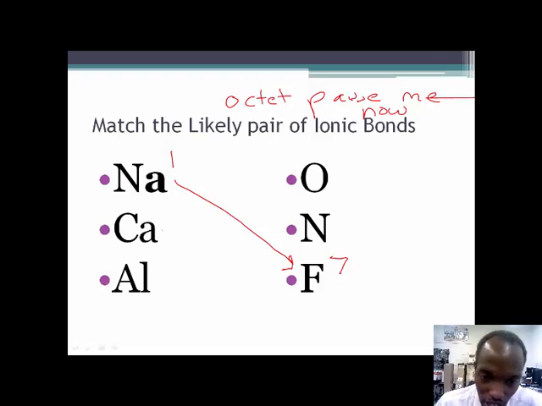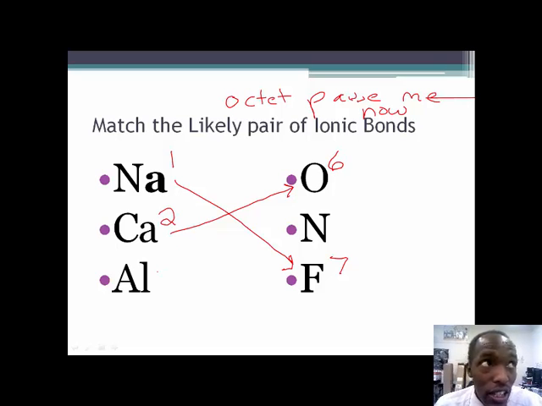And then we have calcium, which has 2 valence electrons because it's in group 2, and it's going to combine with oxygen. How many valence electrons does oxygen have? 6. And then lastly, aluminum, which is in group 3, and nitrogen, which is in group 5. They match the rule of 8.